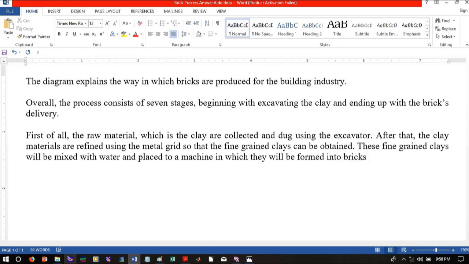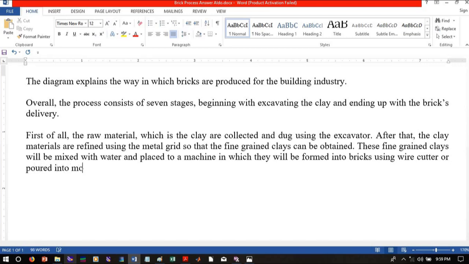into bricks using wire cutter or poured into molds and of course shaped as bricks.